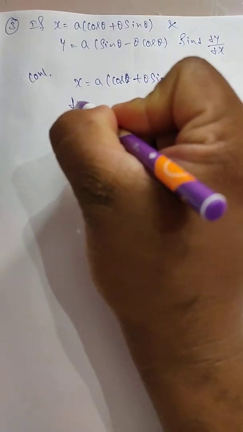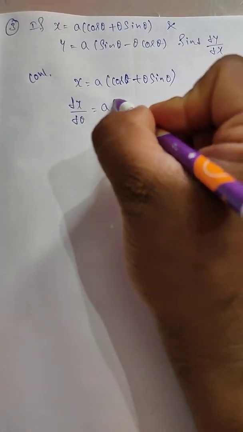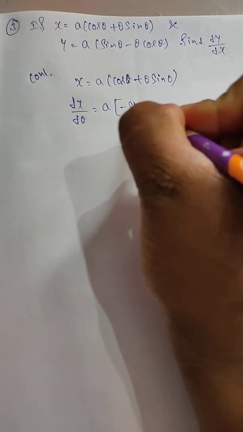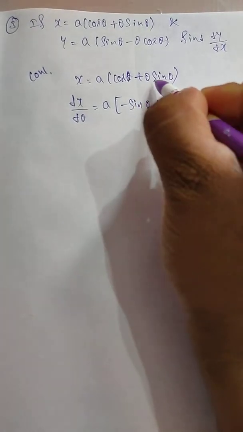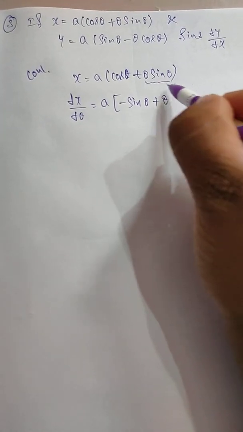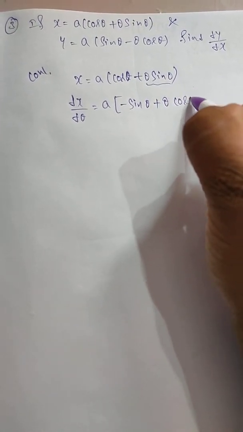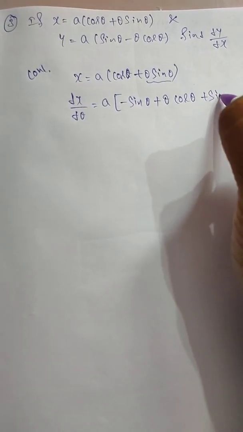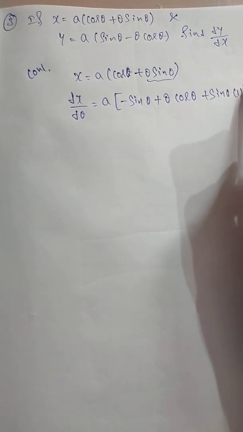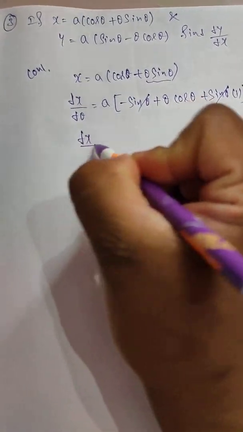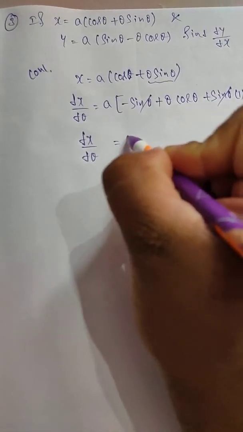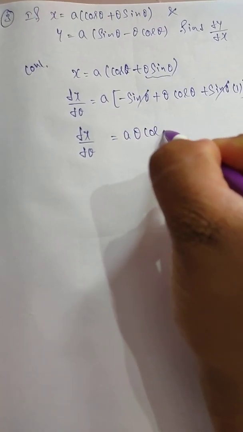Now dx by d theta is equal to a into, what is the derivative of cos theta? It is minus sin theta, plus here you want to apply the product rule: keep theta as it is, derivative of sin theta is cos theta, plus sin theta as it is, derivative of theta is 1. Now minus sin theta cancel, dx by d theta is equal to a theta cos theta.